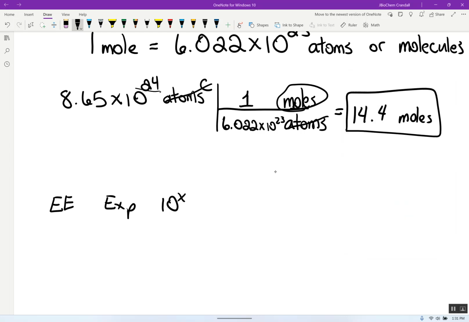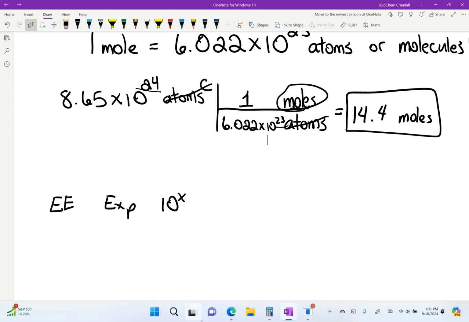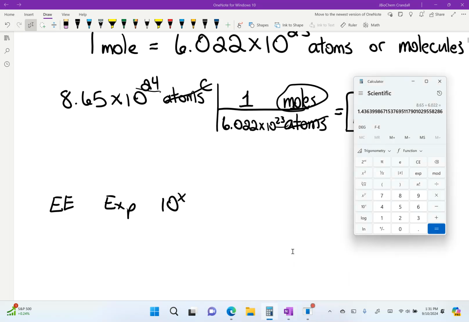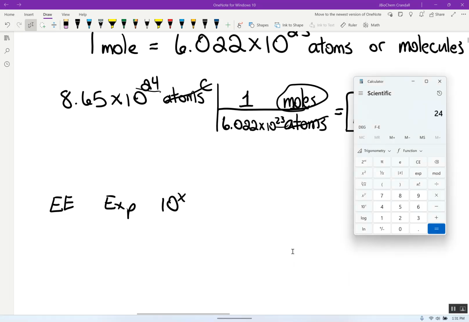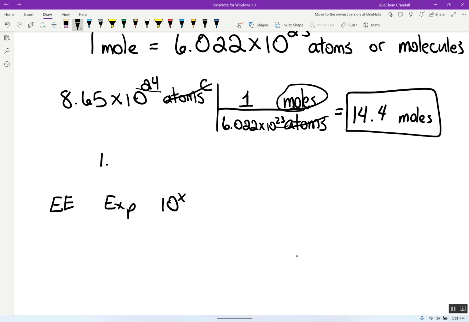Now I can take 24 minus 23 because this is division. 24 minus 23 is 1. Okay, and so that means I need to take 1.44 times 10 to the 1, which means 14.4.